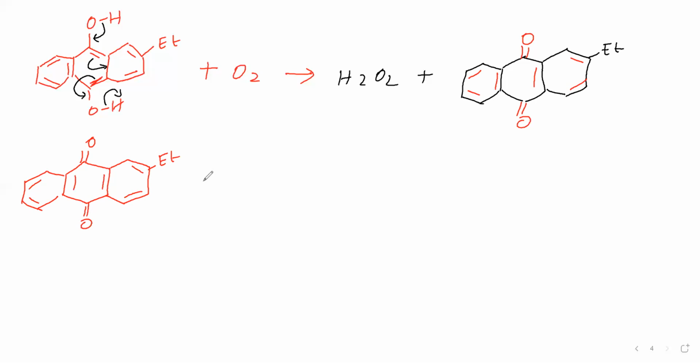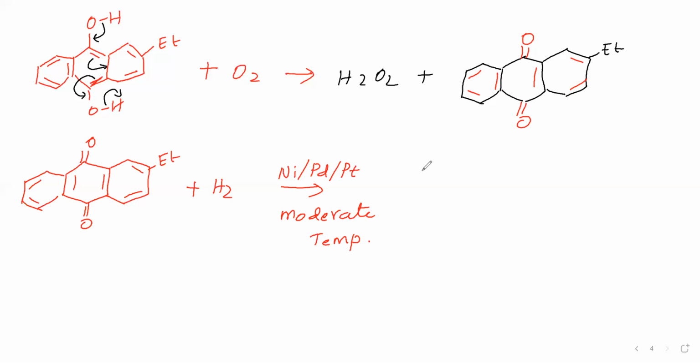To this, hydrogen gas is passed and the catalyst is placed. Catalyst is a nickel catalyst or palladium catalyst or platinum catalyst, and a moderate temperature we are providing. So what we are getting, that we will see.